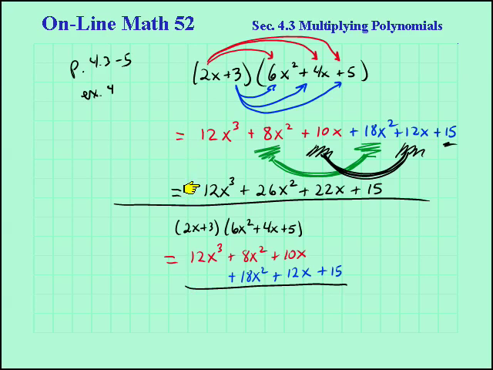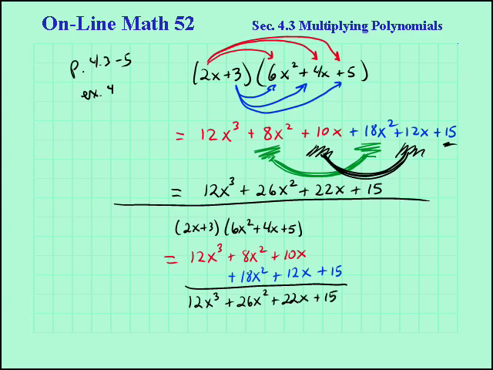Same thing up here. Also, the constant 15 has no partner or like term with it to add together, just like 15 over here. So we're going to get the same answer, of course, because it's the same problem, but notice adding this way, 12x cubed plus 18 and 8 is 26x squared plus, and that's 22x plus 15.